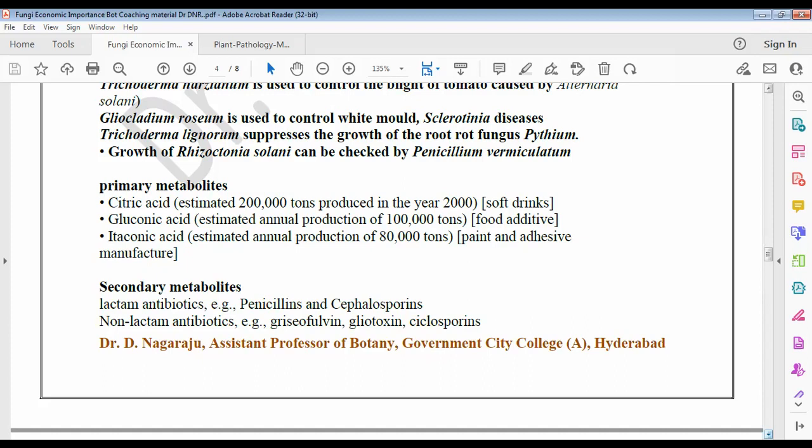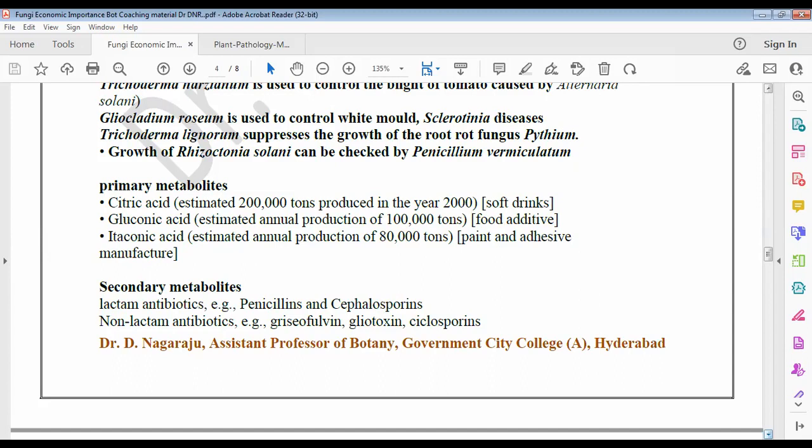These are produced by using fungi, especially Aspergillus and Rhizopus. These two fungi play a role in the preparation of citric acid, itaconic acid, gluconic acid, and even amylase.